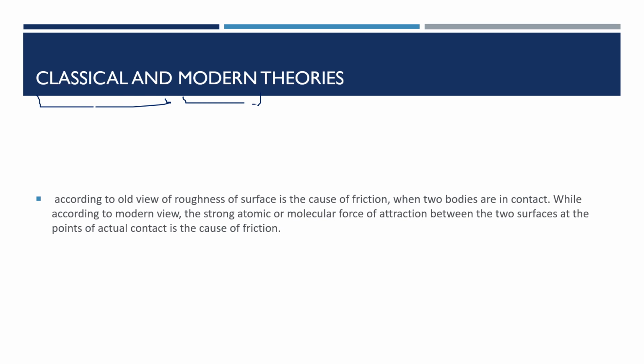But according to the modern view, friction is the force that is produced when two objects come in contact. That can be atom to atom, molecule to molecule. We can say that the attractive or opposing force is known as friction. Roughness of the surface can increase the friction, but that isn't the cause of the friction.